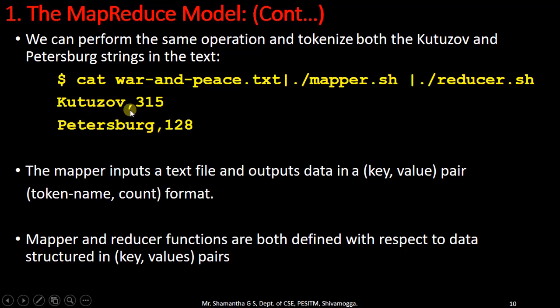This indicates that there are 315 occurrences of Kutuzov in the War and Peace text file and 128 occurrences of the word Petersburg. This contradicts the earlier output.